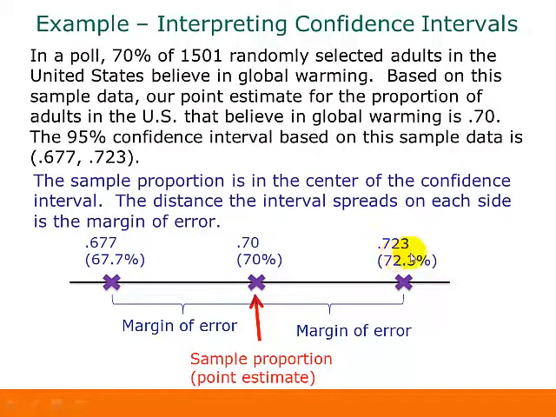Our upper limit is 0.723 or 72.3%. And the distance on each side that we go from our sample proportion in the middle is the margin of error. So we're going from our sample proportion down by whatever our margin of error is, and also up.